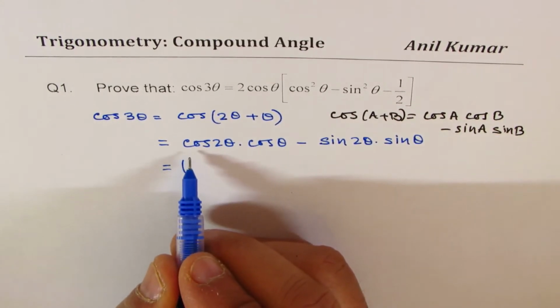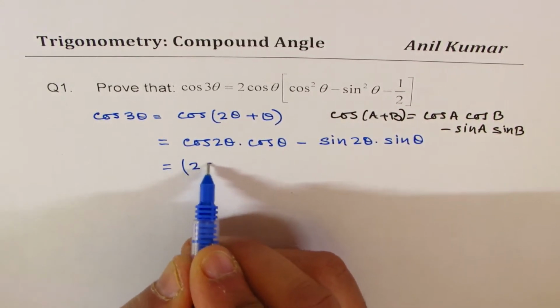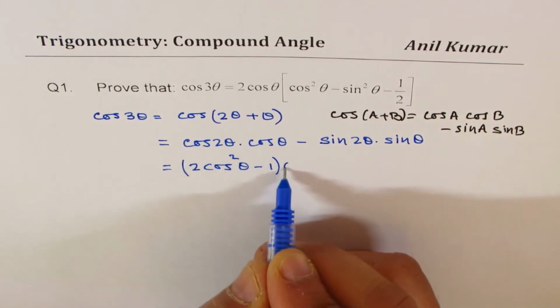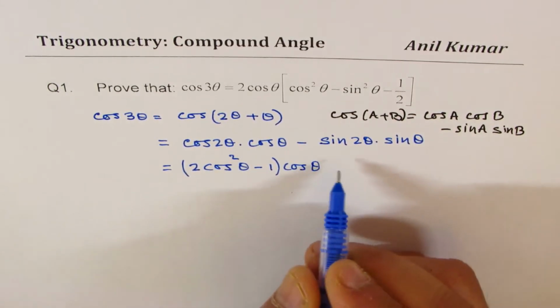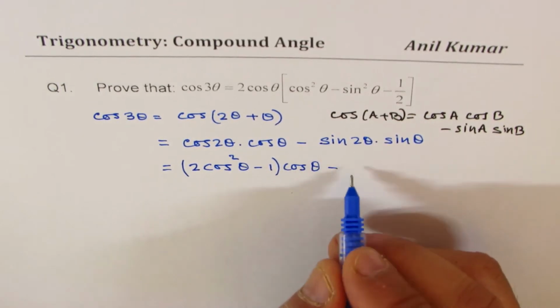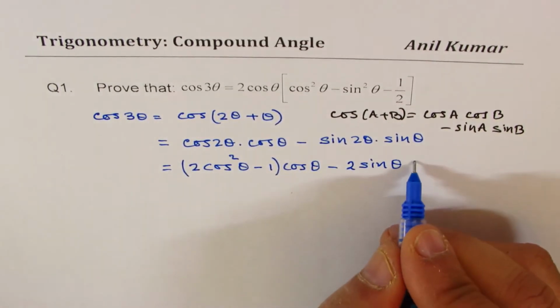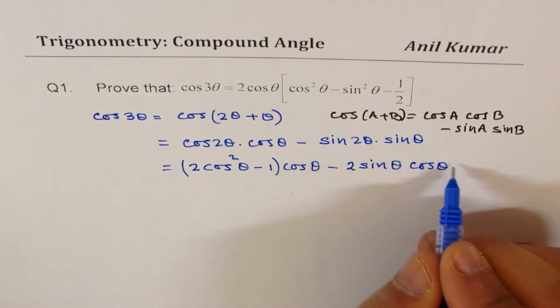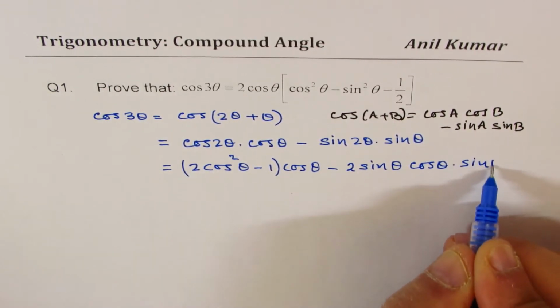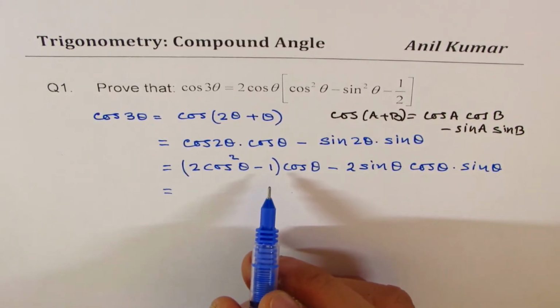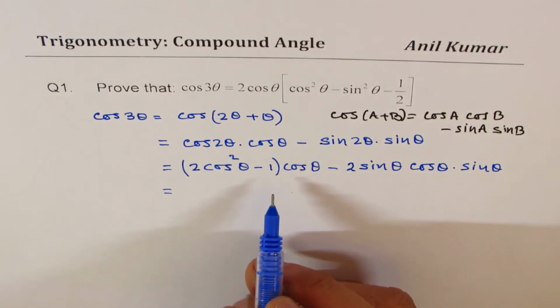So instead of cos 2 theta, I'm going to use 2 cos square theta minus 1 times cos theta. And for sin 2 theta, we'll use 2 sin theta cos theta. We already have sin theta there. Okay, so from a previous derivation, we got these formulas, correct?